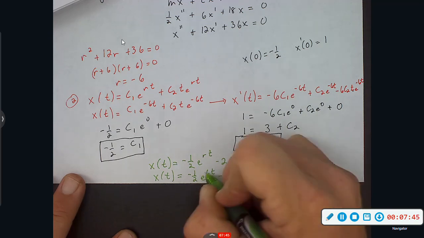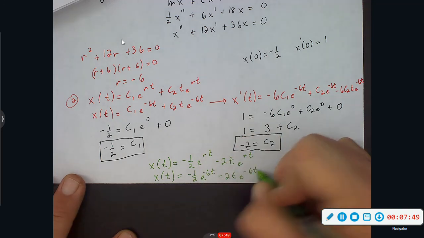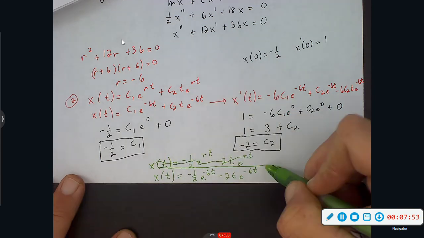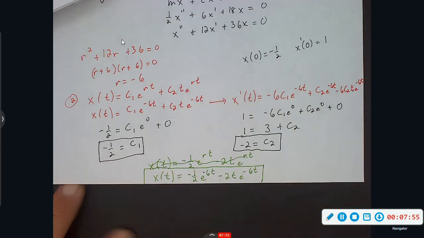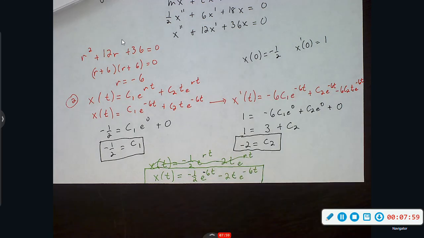And buddy boy, that was a negative 6. Don't make the mistakes I'm making. So it's this guy in the bottom, negative 6t. So x of t equals negative 1/2 e to the negative 6t minus 2t times e to the negative 6t. That is the differential equation that models this scenario for this spring, the mechanics of this spring.